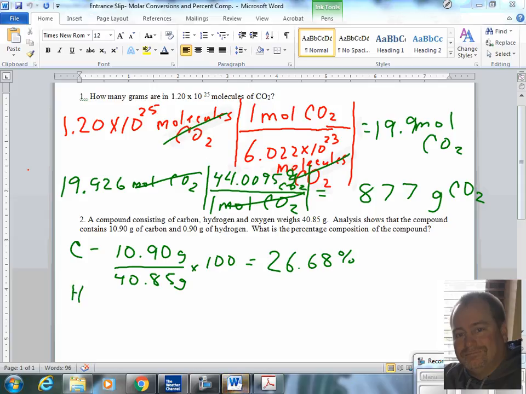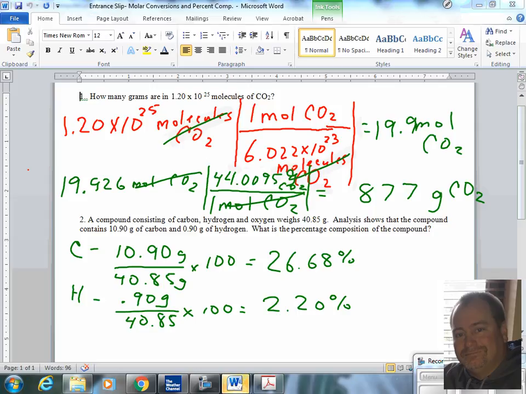Next is hydrogen, 0.9 grams over 40.85 times 100, and that's going to give me 2.20%.